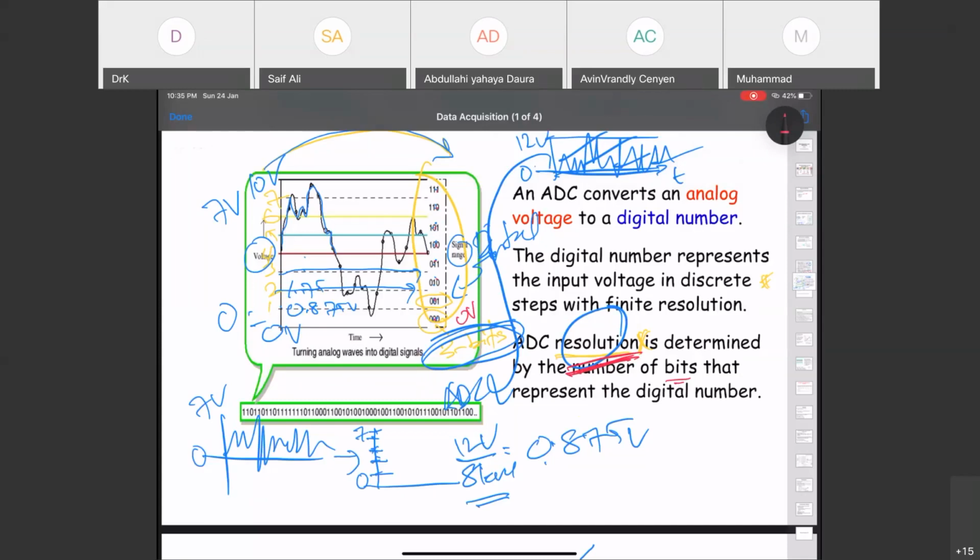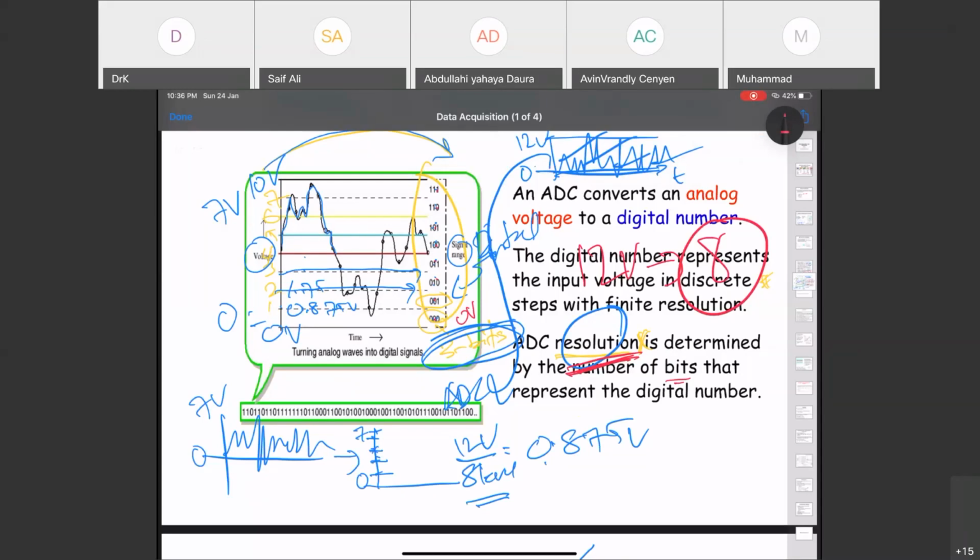Meaning that the 12 volt that you are giving, you have only 8 spaces to keep it. Only 8 levels, by the addresses 0, 0, 0, 0, 0, 1 up to 1, 1, 1. You have only 8 places to capture your analog signal. So you give 12, but they only keep 8.